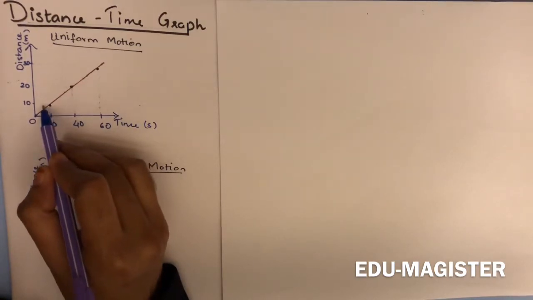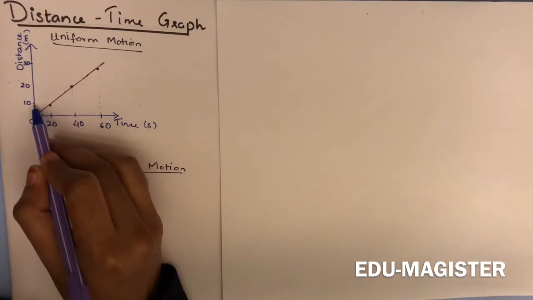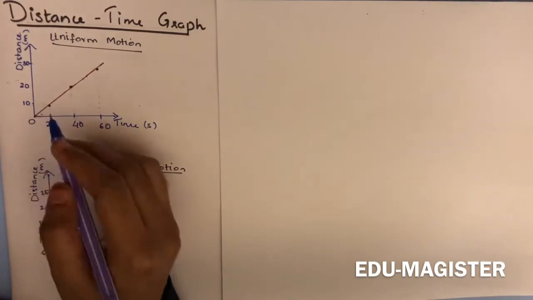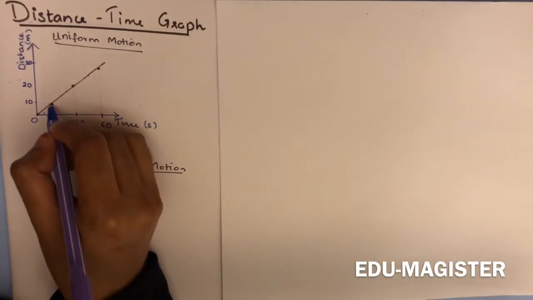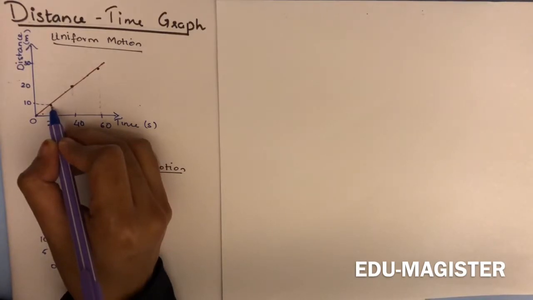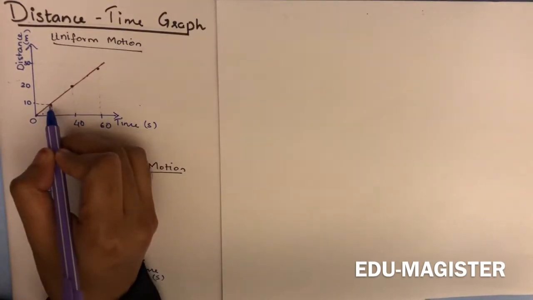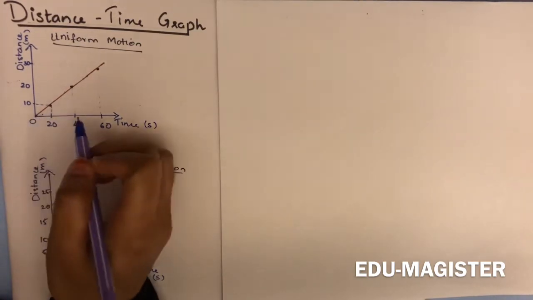Just draw a perpendicular from time and then extend it to the y-axis, that is distance. So, if you extend like this, you can see in the first 20 seconds, the distance covered by the object is 10 meters.